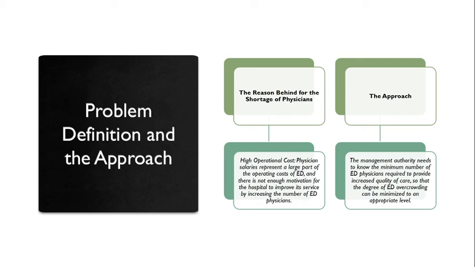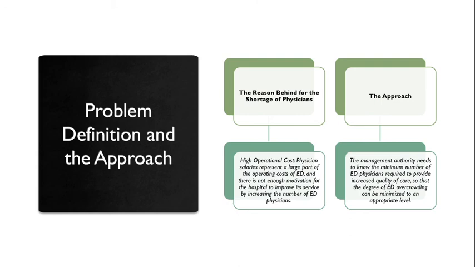There are several reasons for the shortage of physicians, and one of them is the high operational costs of the emergency departments. Since the physicians' salaries represent a large part of the operational costs, this is a problem. There is not enough motivation for the hospital to improve their service by increasing the number of physicians.